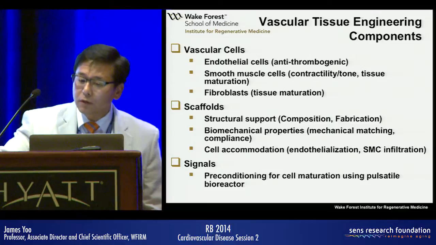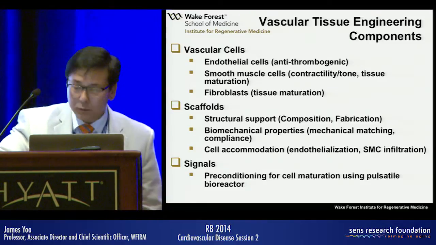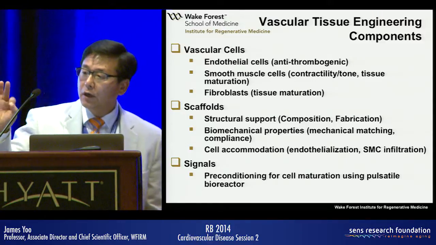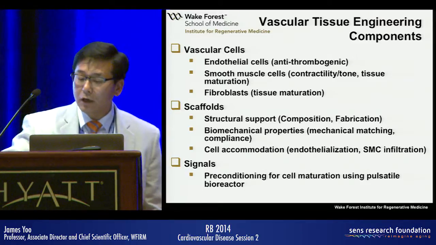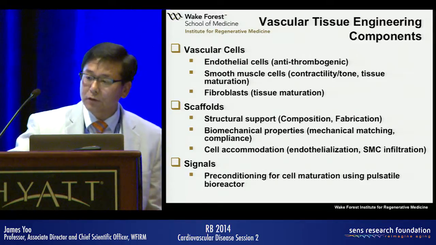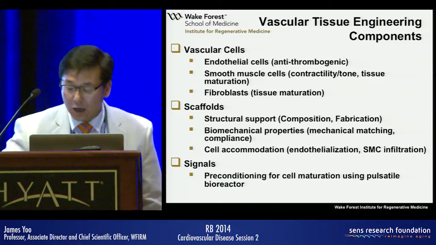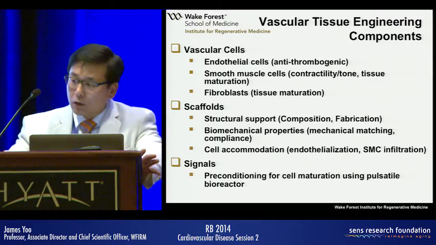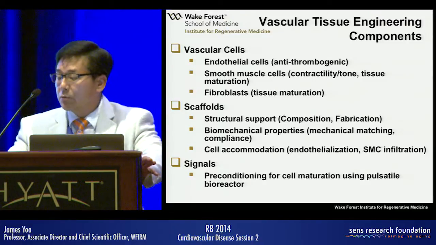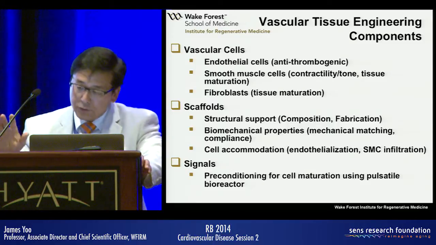In order to build vascular tissue for grafting purposes, there are three components that you will need. You need cells, you need scaffolds consisting of biomaterials, and you need a way to mature those cells so that they become functioning tissue eventually. Vascular cells, mainly endothelial cells, cover the lumen of the vessel.